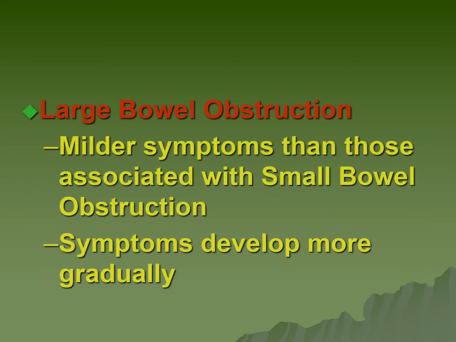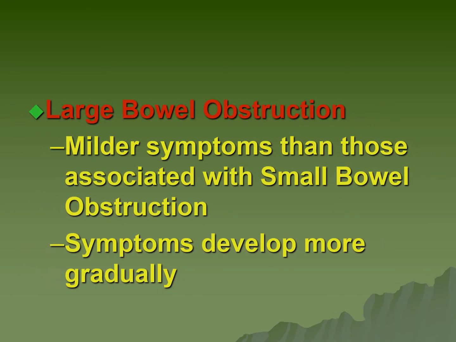Now, with large bowel obstructions, typically we're going to see a milder symptom presentation than with obstruction of the small bowel. The symptoms tend to develop more gradually. Going back to the physiology of the GI tract, keep in mind we're going to have a larger volume of contents within the small intestine because absorption is occurring there.